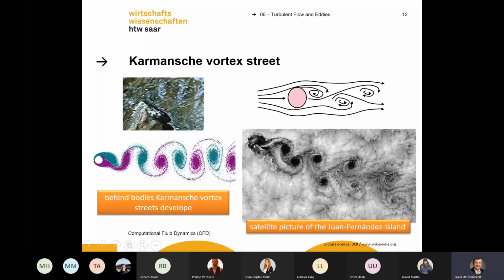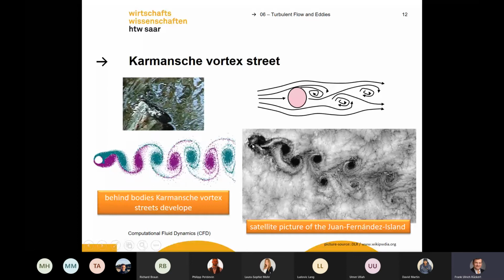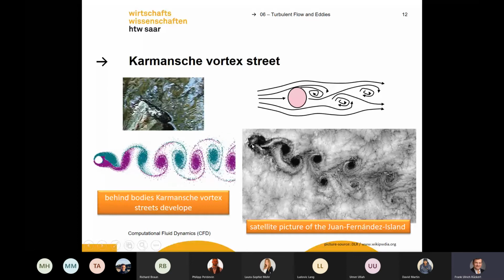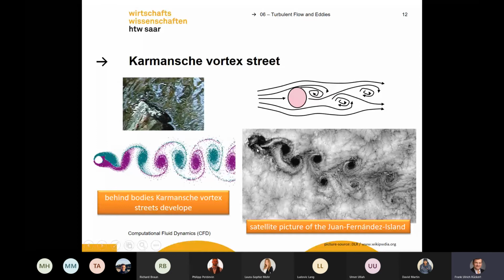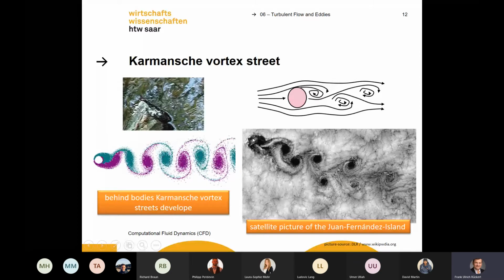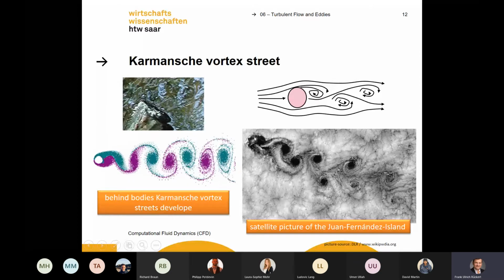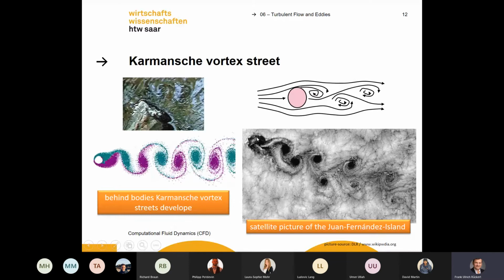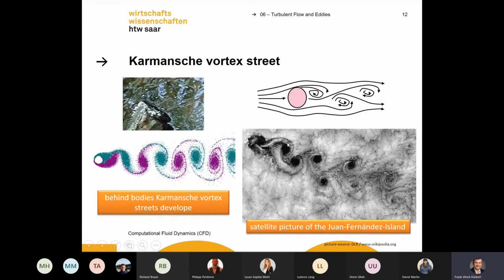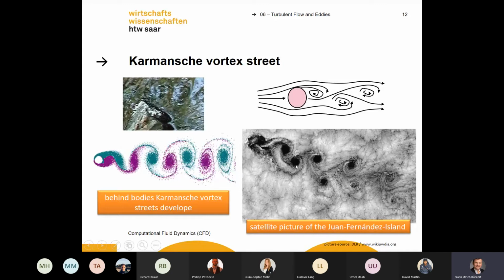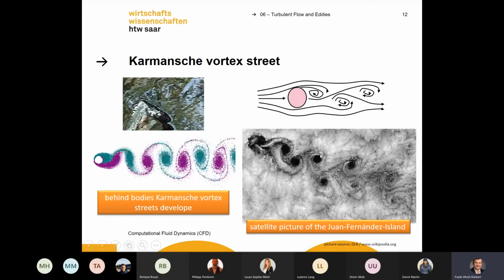And here we have another nice picture. This is again a satellite photo, made of the Juan Fernandez Island in the ocean. Here you see the island, and also behind this island, you see the same Karman vortex street, the same kind of swirls. And they are really big.